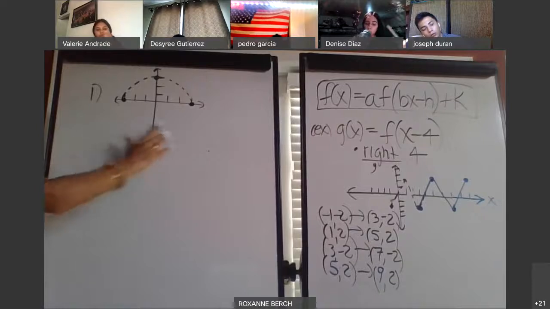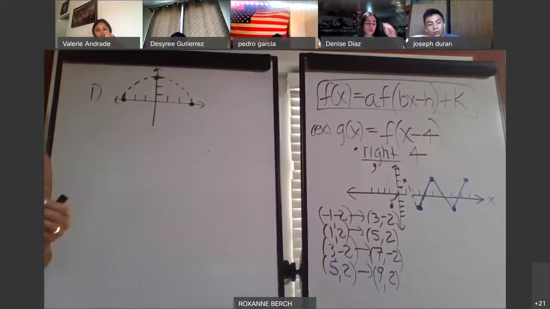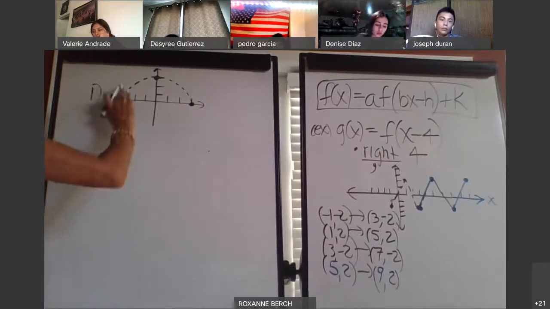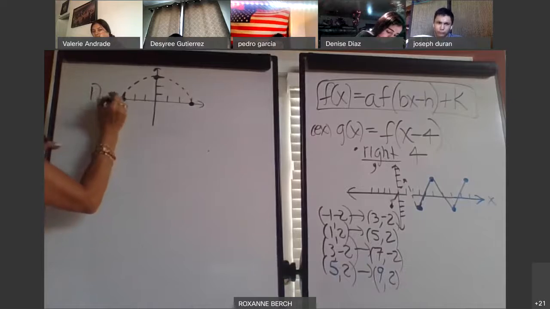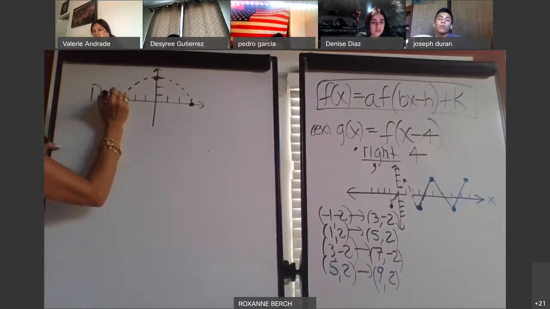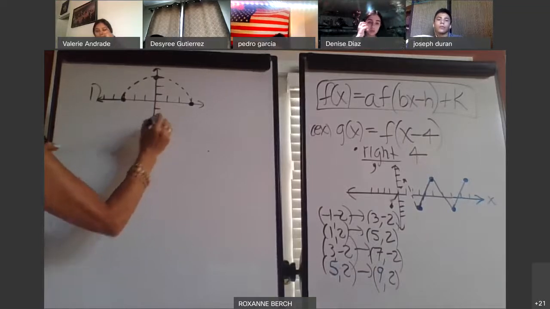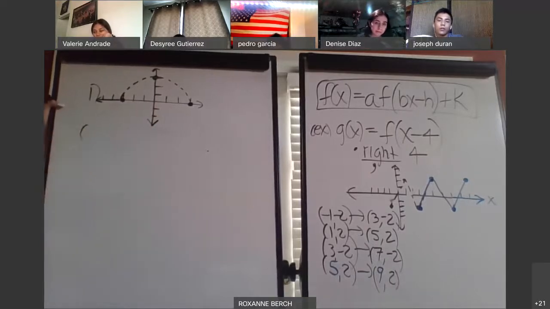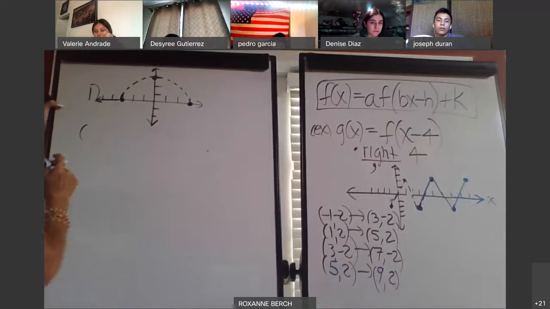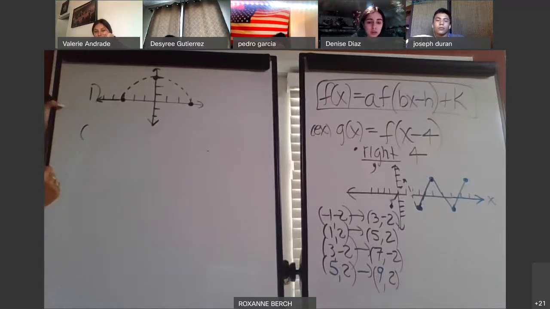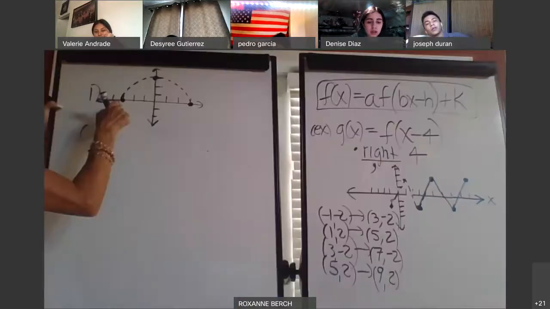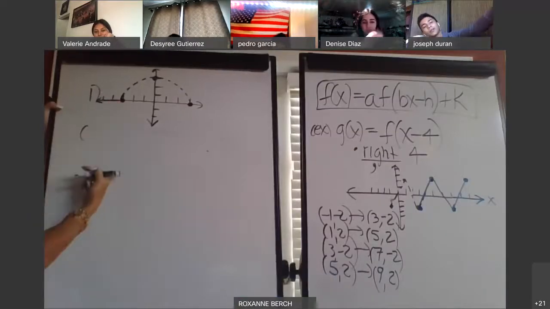And we would say to ourselves, well, okay, that's fine, but what points are we going to use to transform? So what points would you use? Negative 3, 0.